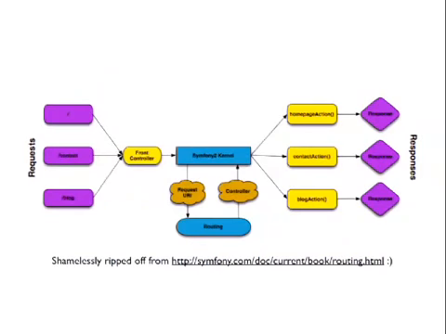And here's a nice graph that I blatantly, shamelessly ripped off from the Symfony site. Requests come in at different URLs, just like in Drupal, where you define whatever URL you want. Those go into a controller that sorts them out. It passes them off to the Symfony 2 kernel, which in Drupal is the Drupal kernel, but it's derived from the Symfony kernel. Think of that as the lower-lying guts that run the framework.